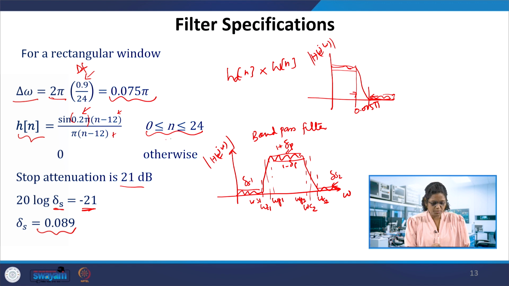So there will be two expressions for the band pass filter if you integrate for the given H of e power j omega, which is the desired one. So here is the specification that is needed.